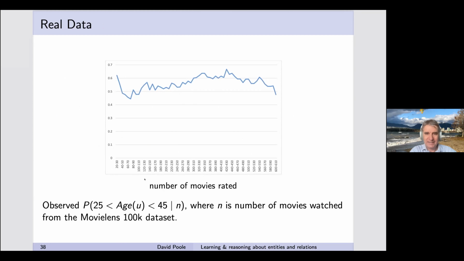So here's the MovieLens data. This is the average probability that the age of the person is between 25 and 45, which is the most common age, as a function of the number of movies, and it doesn't look like any of the models that we've seen would theoretically predict. Okay, so maybe none of those work.